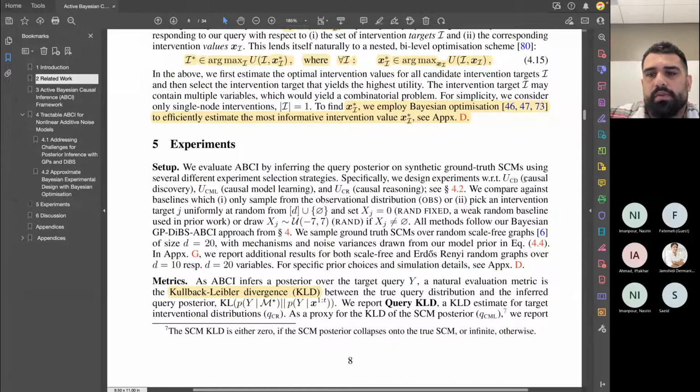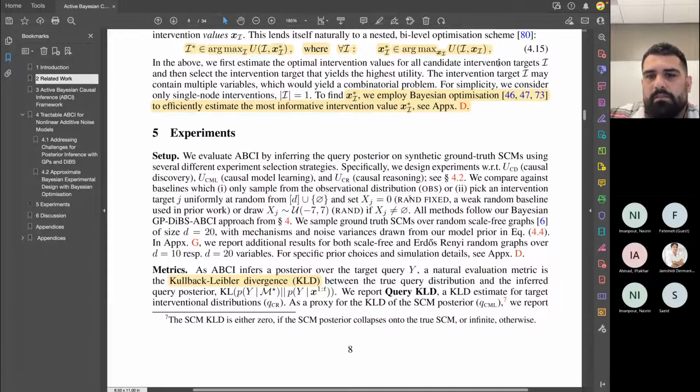UCD refers to the utility function for causal discovery, trying to learn the graph. UCML is causal model learning, and UCR is causal reasoning. Causal reasoning is the situation where they know the causal graph, but they want to just perform interventions and learn from the graph. And they have 3 different data types.